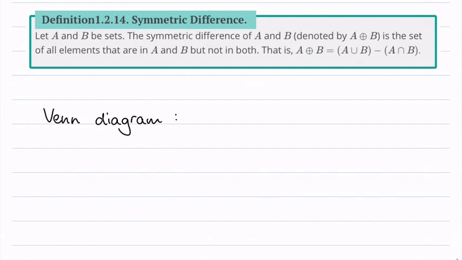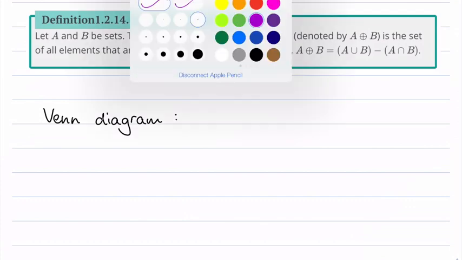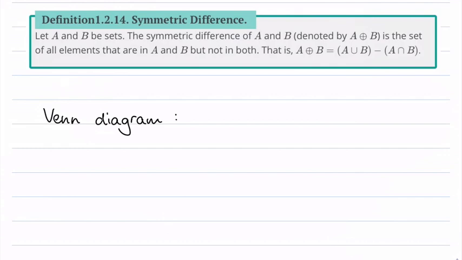So yet another idea is the idea of the symmetric difference. The symmetric difference of A and B is a set of all elements that are in A or in B, but not in both. So let's draw a Venn diagram of that and check that it makes sense.